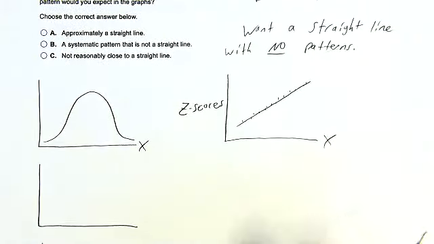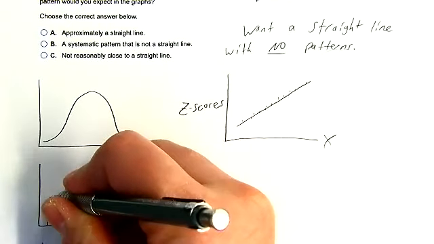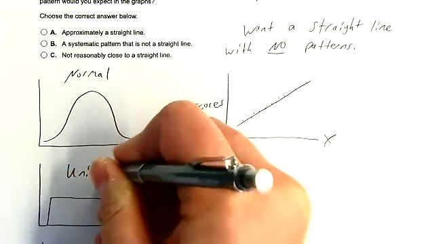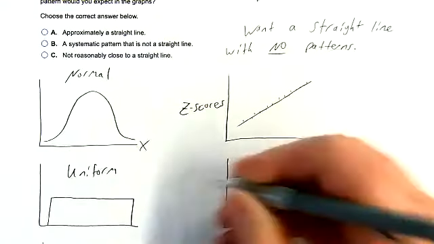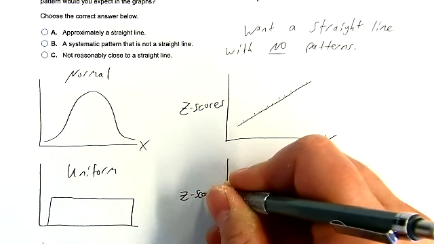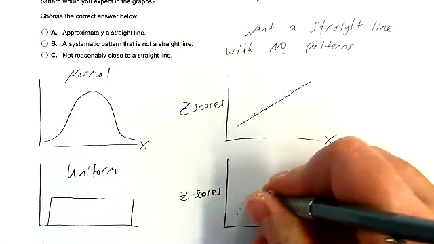So if you were to have a uniform distribution, let me write this. This is normal, this is uniform, and you plotted the z-scores for this. You would get something that looks like this.